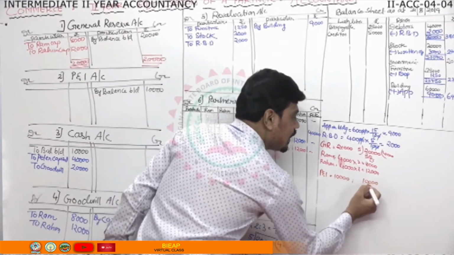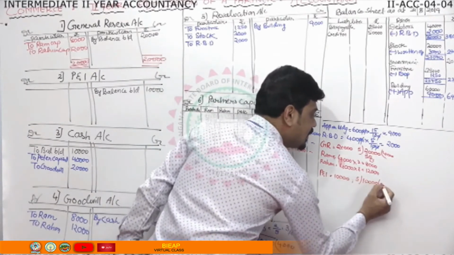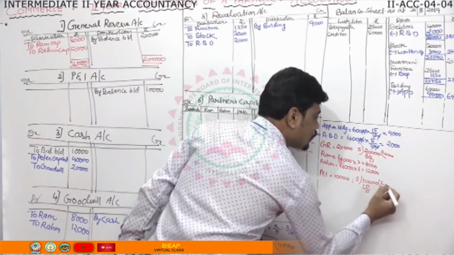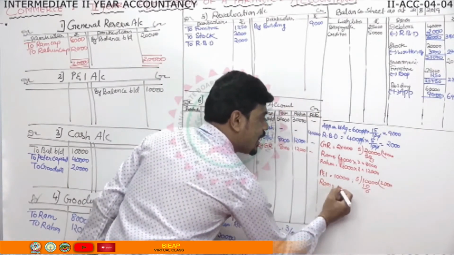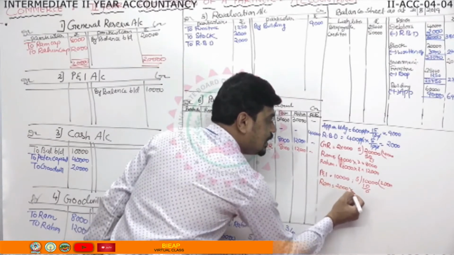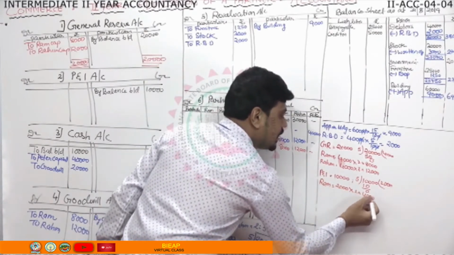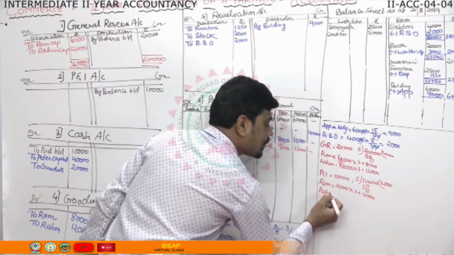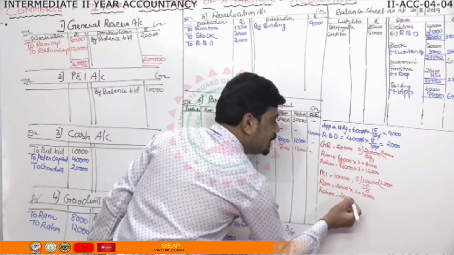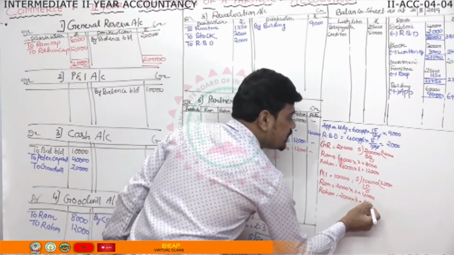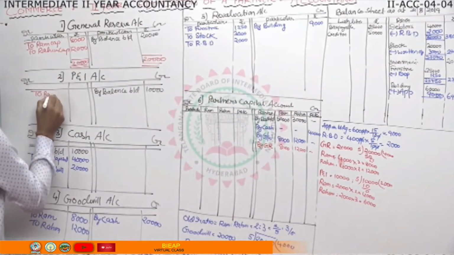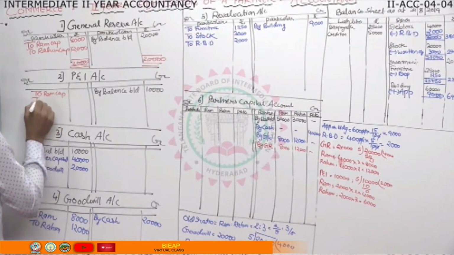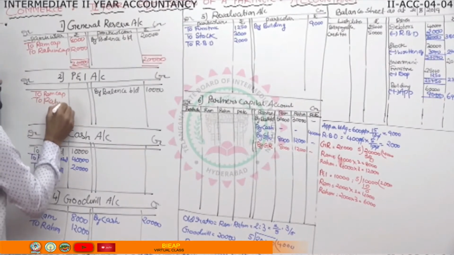Again, this 10,000 I'll divide by 5. 5 2s are 10. So 2,000. Again, I'll do the share of Ram. 2,000 into 2, 4,000. Rahim, 2,000 into 3, it is 6,000. So again, I'll go to profit and loss, to Ram capital, to Rahim capital.